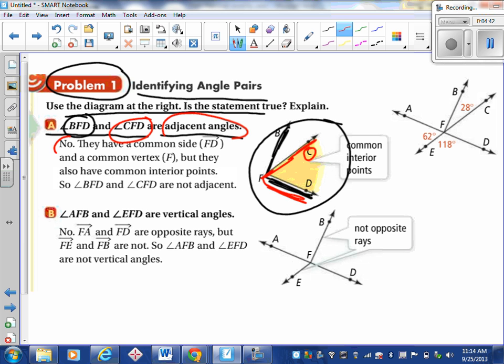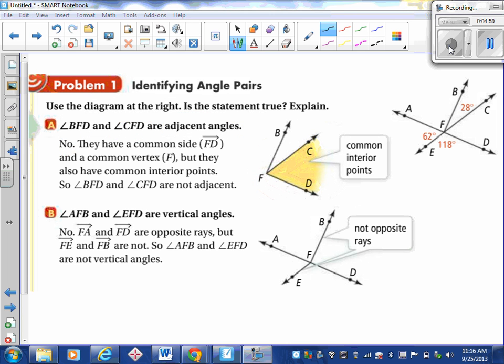Answer is no, because they do not share that side. They share this bottom line. Just because they share a line does not make them adjacent angles. So I'm looking at example B: angle AFB, angle EFD, are they vertical angles?